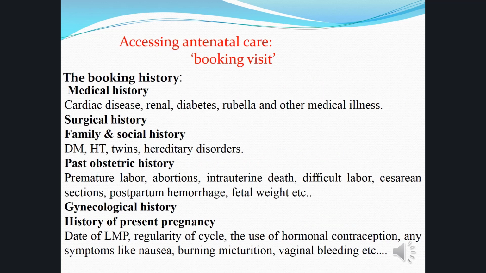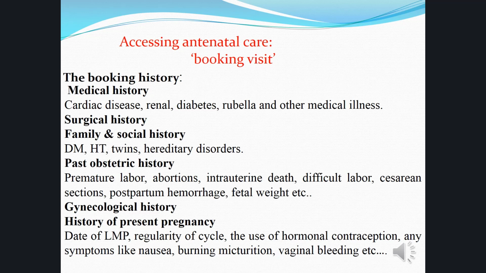Assessing antenatal care or booking visit. The booking history. First, medical history about any cardiac disease, renal disease, diabetes, rubella, and other medical illnesses. Surgical history, family and social history about DM, hypertension, twins, hereditary disorders.